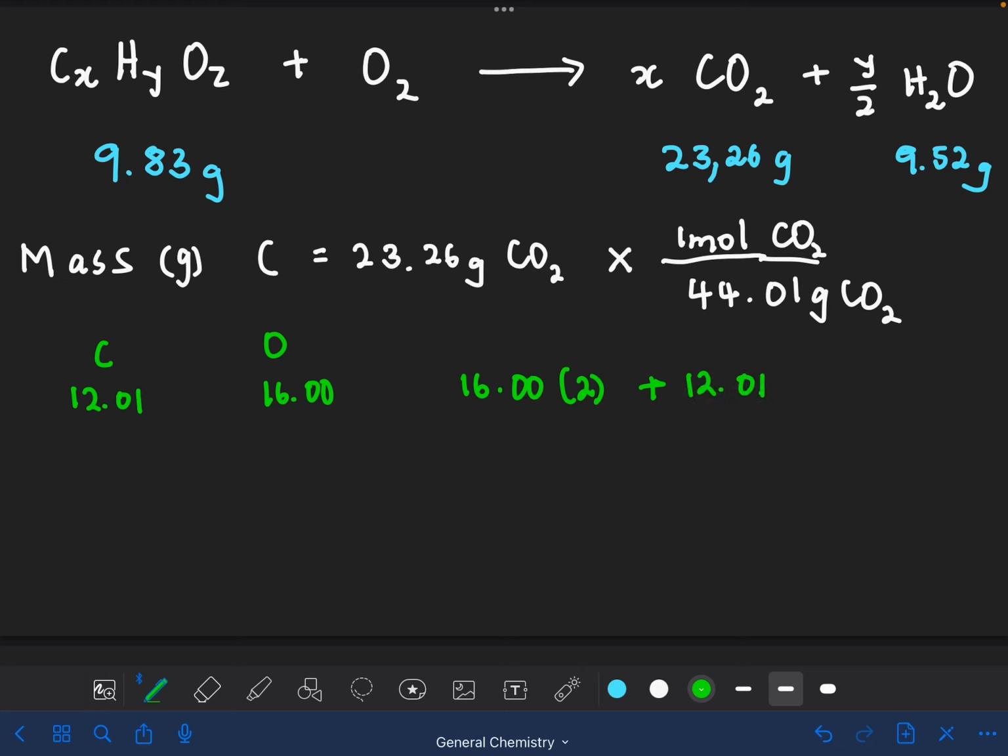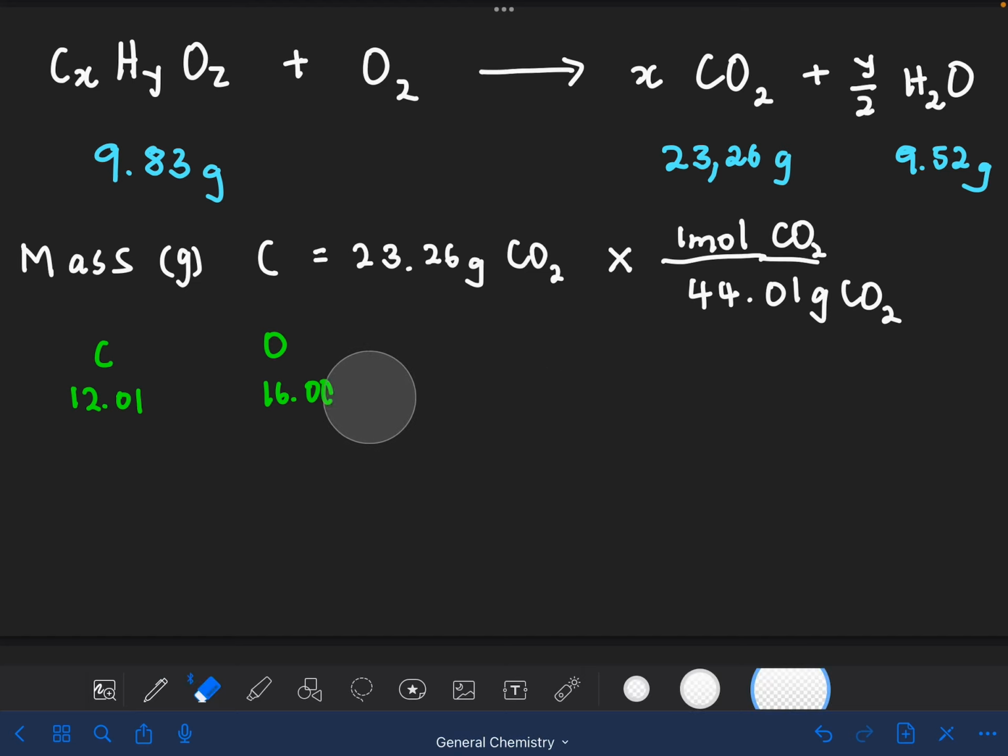Let me actually redo that. So that is 32 plus 12.01. Then there you have it, 44.01. I'm going to be using dimensional analysis in this form to solve this clearly.